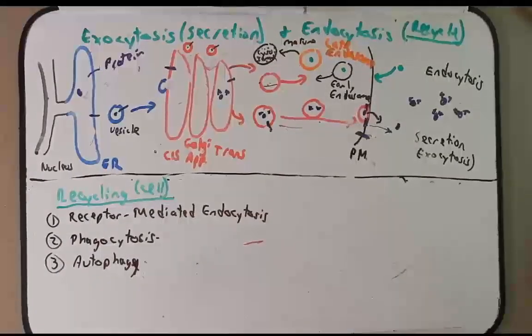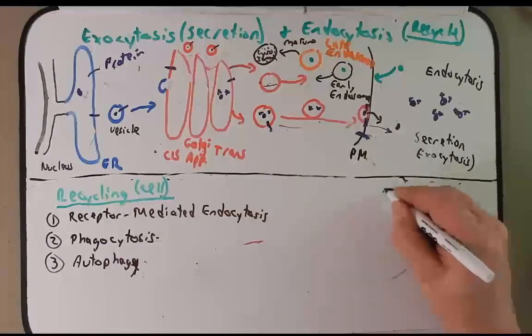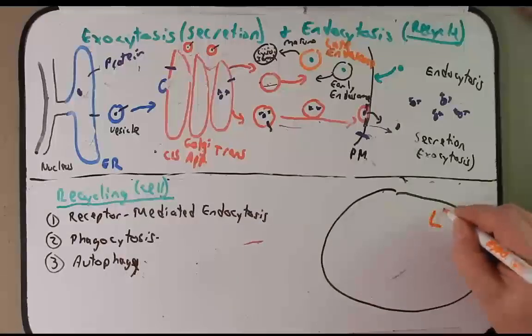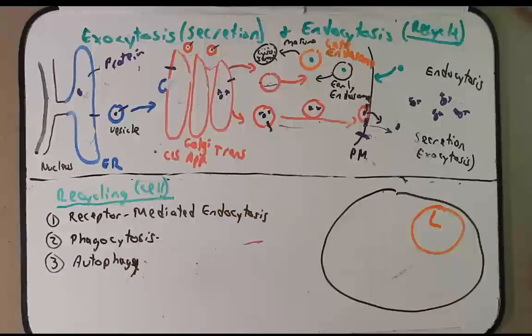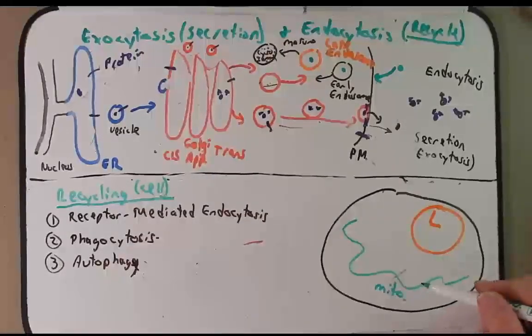Let's spend just a little bit talking about autophagy. As I said earlier, autophagy is considered cellular eating. It's when the cell begins to eat parts of itself. In this example here, we have our lysosome, and we also have all these kinds of organelles within the cell. Let's just draw a mitochondrion here. Now over time, this mitochondrion will age and become less functional. In fact, it could become dangerous to the cell.